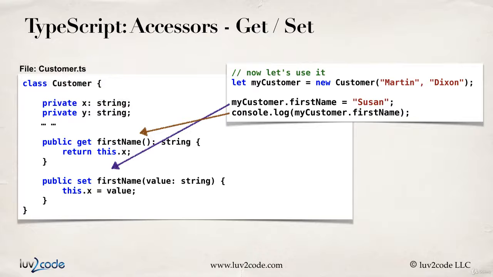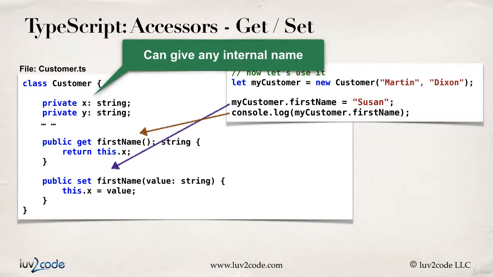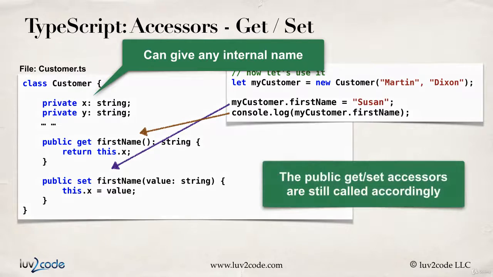And in fact, in our customer class, we can give our internal property any name. If I wanted to, I could have these properties as X and Y. The outside code is not setting the internal private fields directly, only via these public accessors for get and set. So the public get set accessors are still called accordingly.